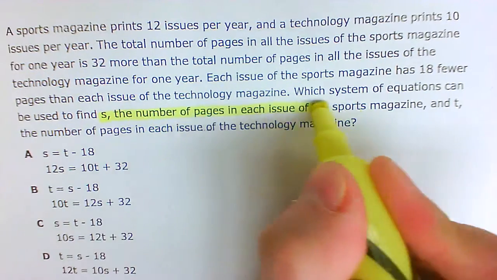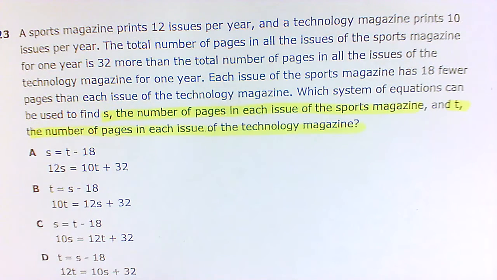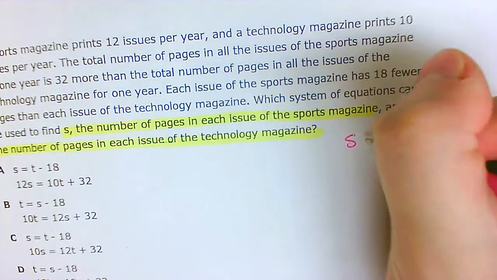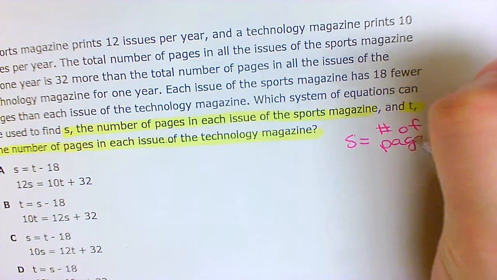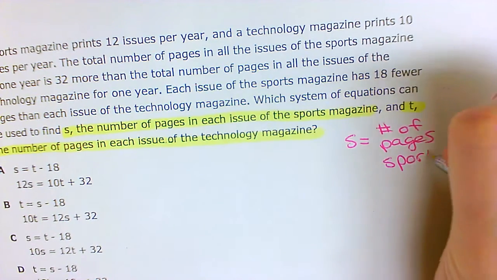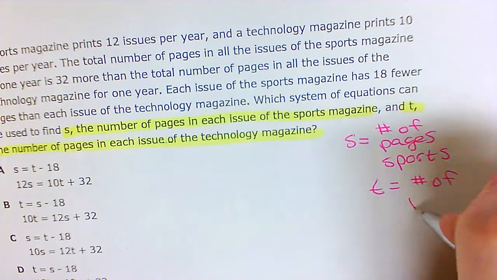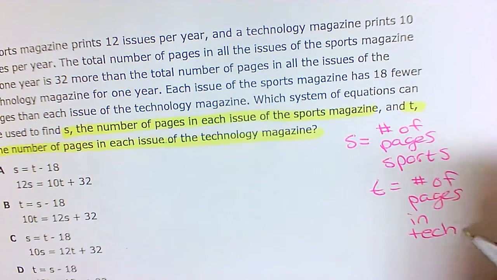So first of all, when you are doing these problems, I would highlight what the variables represent. And it might actually even make it easier on this one to come over to the side and write that down. So S is number of pages in the sports magazine, and T is the number of pages in the technology magazine.